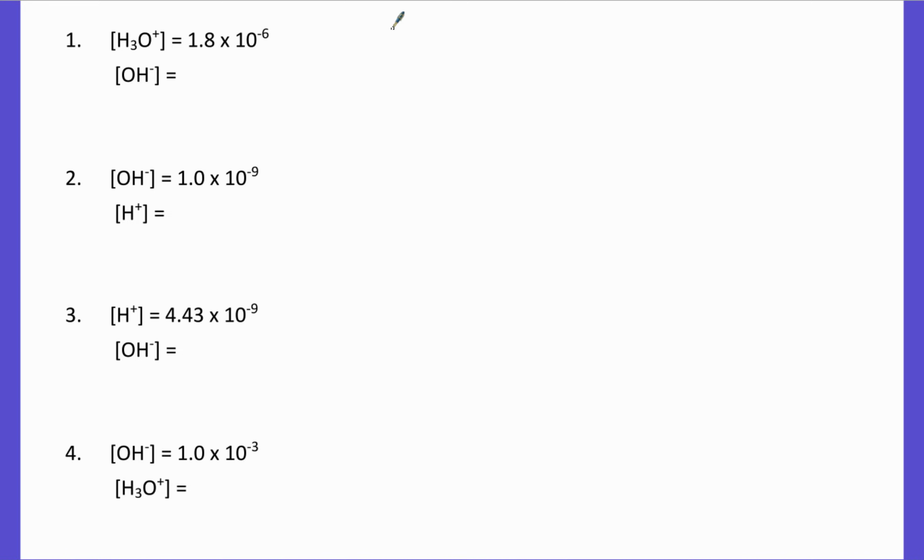If I take that 1 × 10⁻¹⁴ and divide it by 1.8 × 10⁻⁶, I should be able to come up with my hydroxide ion concentration. Since they always multiply to equal that constant, I can divide and figure out what's going on. So I'm going to do that on my calculator real quick.